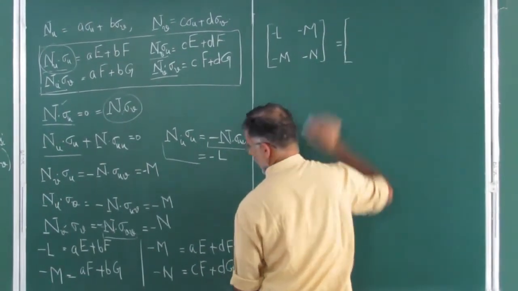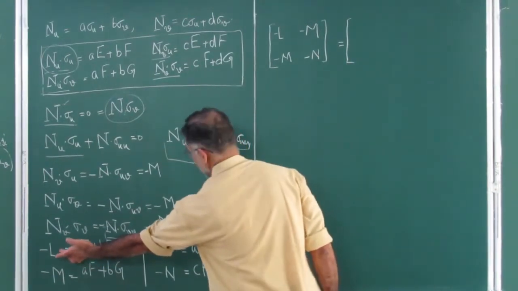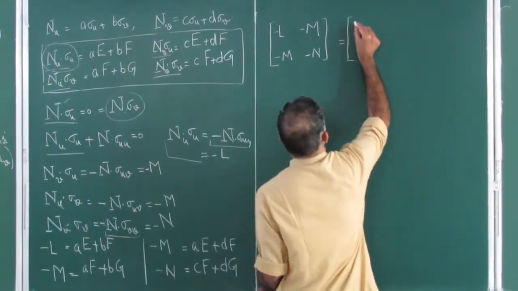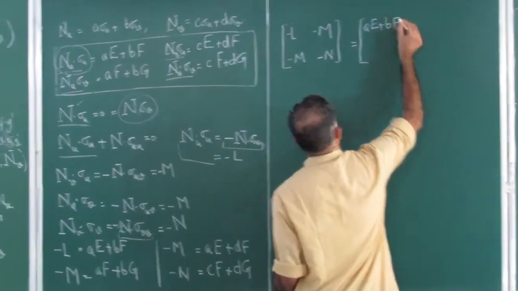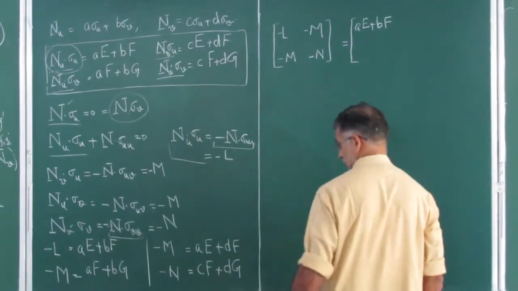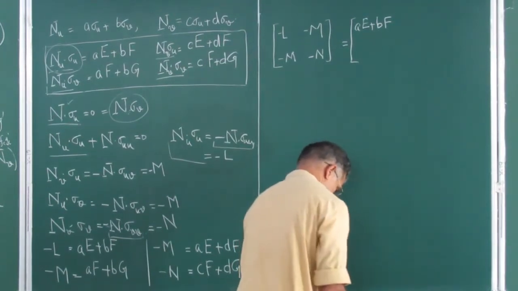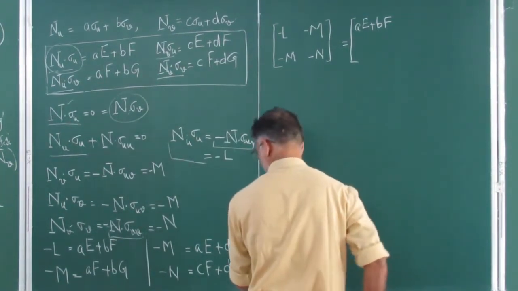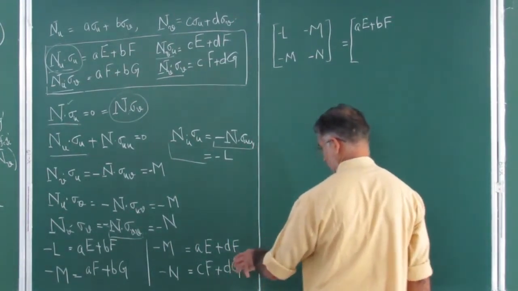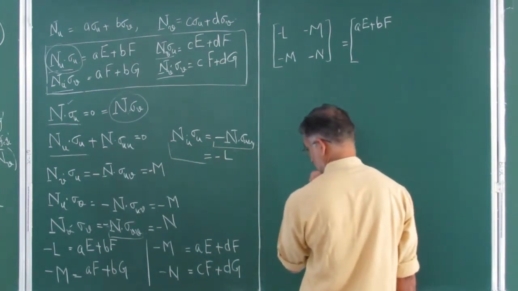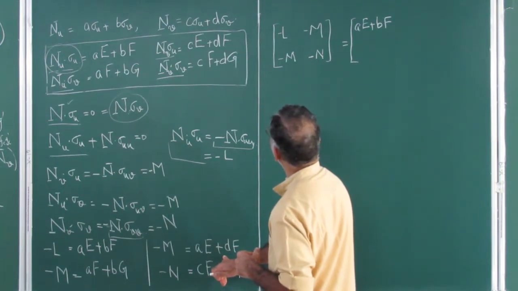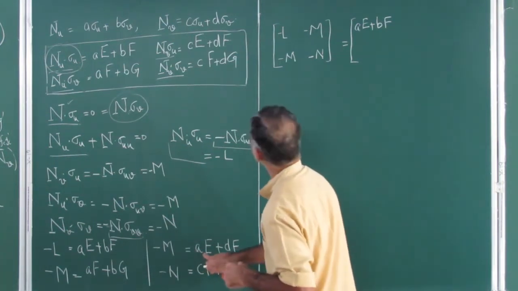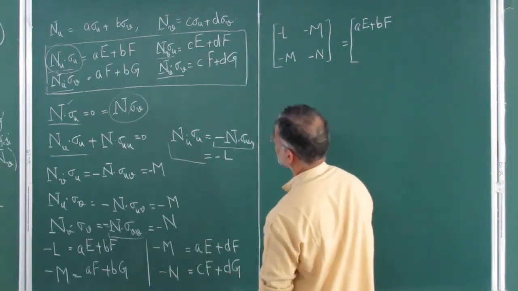Minus L is AE plus BF, then minus M. You have to be a little careful while doing it. Hope I have done everything correct.